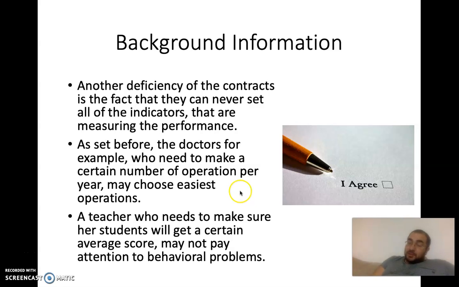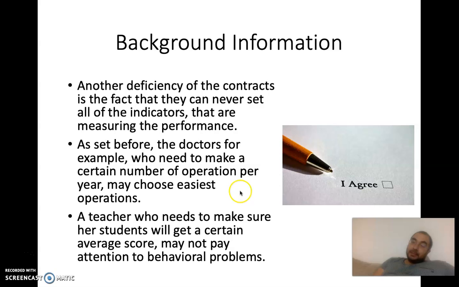And the other thing is actually something completely apart. When contracts set conditions, they usually leave certain other things apart. For example, they might tell doctors how many patients they should look upon, but they don't necessarily tell how easy or difficult those patients should be.